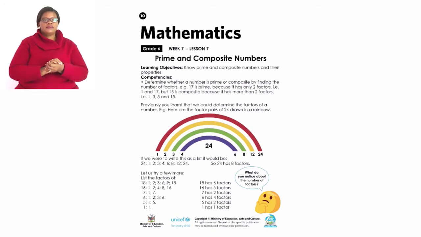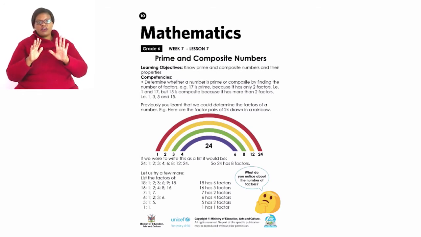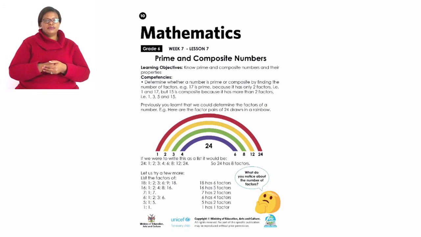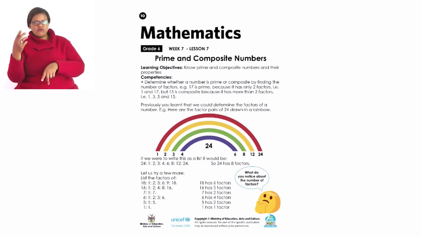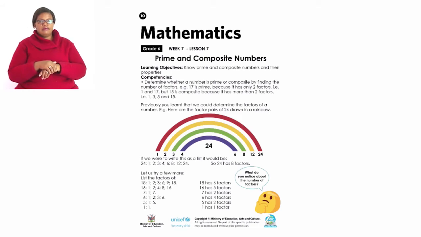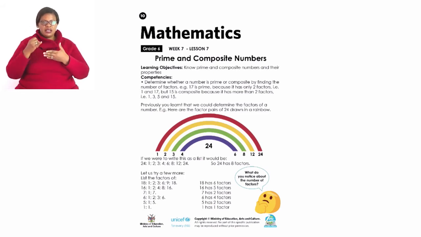And then we have 5, which, just like 7, only has 1 and 5 as factors, which is only 2 factors. And then lastly, we have 1, which is probably the most unique number, and it only has 1 factor.